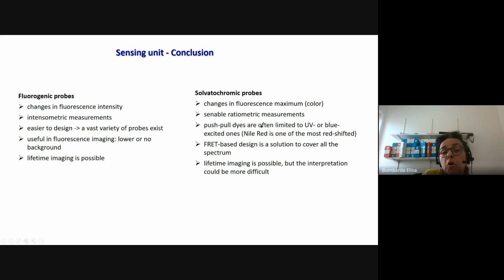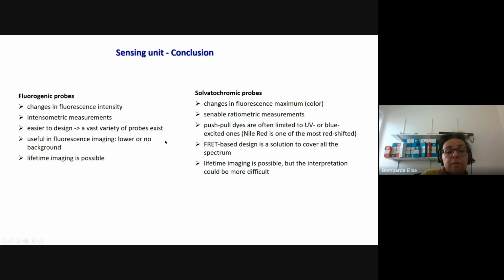They are a little bit more complex to design, and lifetime imaging is possible also, but of course interpretation is maybe a little bit more difficult. But yeah.